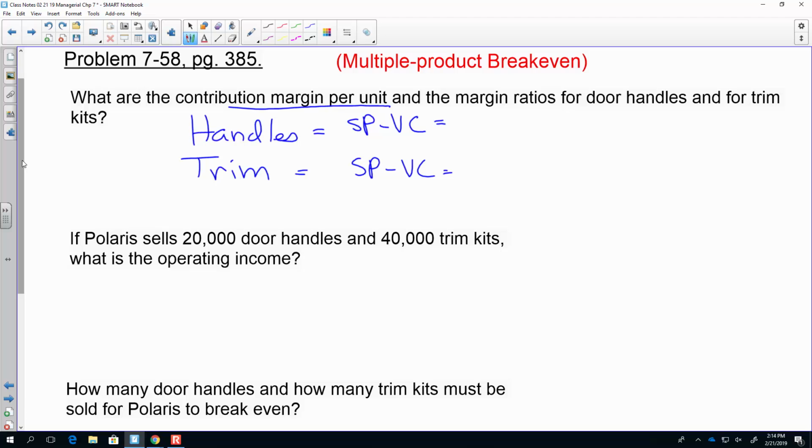Let's see. The door handle sells for 12 with a variable cost of 9. $3 they make per handle.